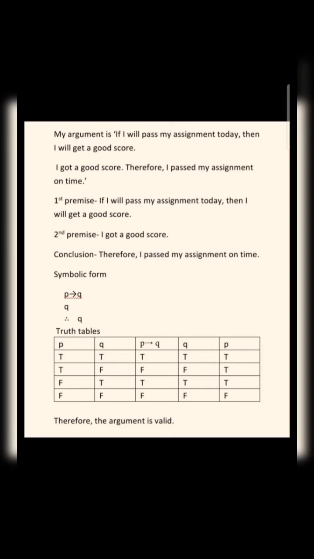My first premise will be P, and my conclusion will be Q. And this is my symbolic form, and my conclusion is P. Based on the truth table, the argument is valid.